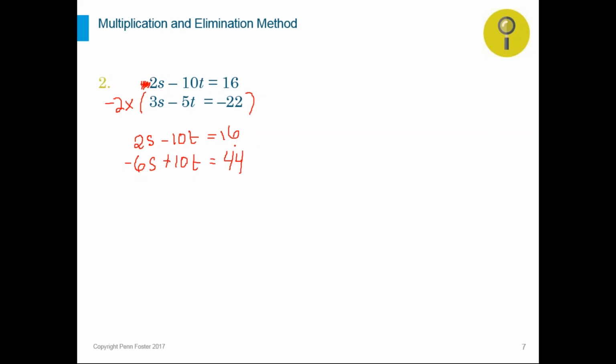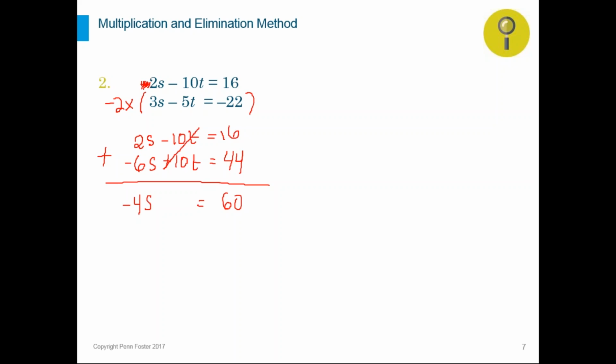Now I see that the t is once with a negative 10 and once with a positive 10. I'm ready to eliminate the t. So add both equations. 2 plus negative 6 will give you negative 4s. These two t's will just cancel out to be 0, equals 16 plus 44, which will give you 60.